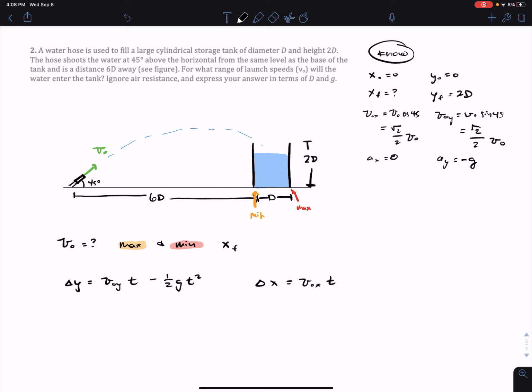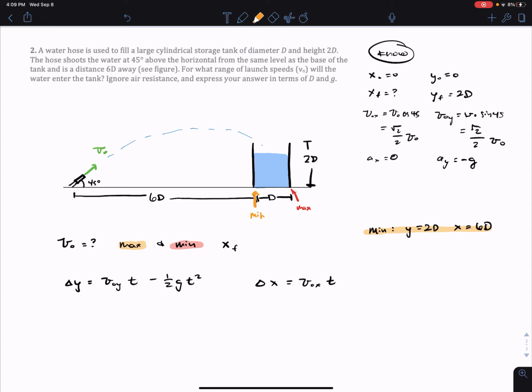So when the water is at the minimum velocity, right, so minimum, that should be for y equals 2d and x equals 6d. And that's because that's right here, okay?